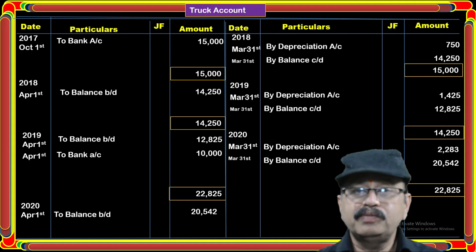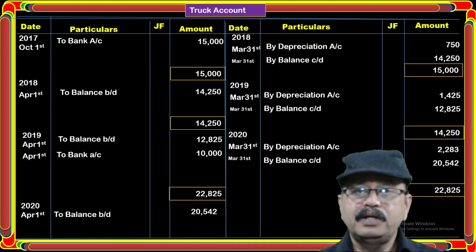Depreciation will be charged based on the working period, maybe in months or maybe a full year. So focus on when they bought it, and how many months the truck, or the machine, or the asset is going to work. That is very important. Dates are very important.